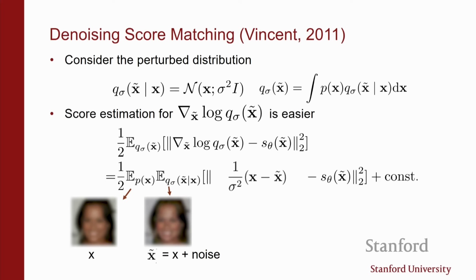Since after we added this Gaussian perturbation, S is trying to match the gradient of that Gaussian noise distribution, but the training goal was that the score function should be the gradient of the log likelihood of the original data distribution.